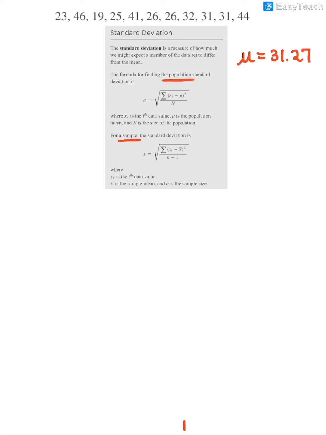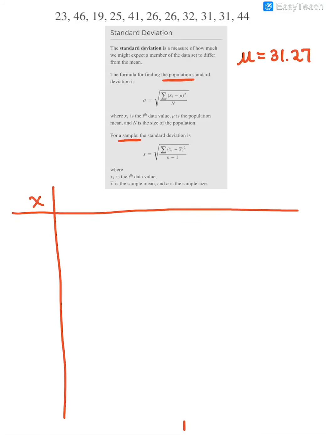Now, according to this formula, we're going to take each of what they're calling x values. So I'm just going to make a table down here. It doesn't matter the order: 23, 46, 19, 25, 41, 26, 26, 32, 31, 31, and 44.